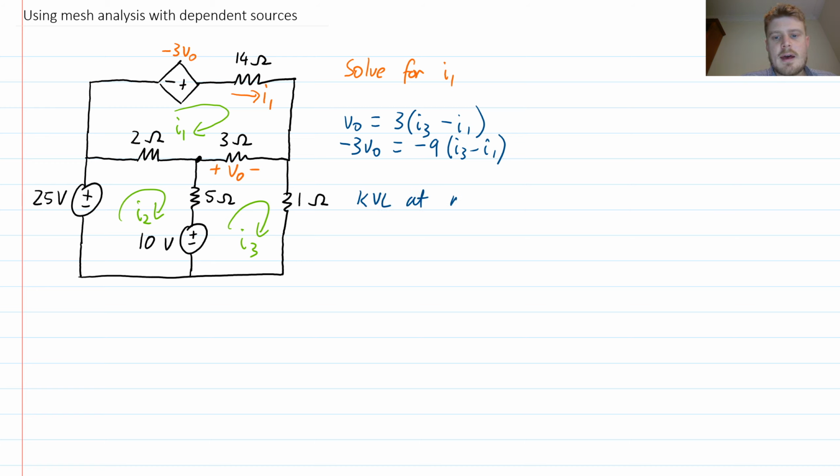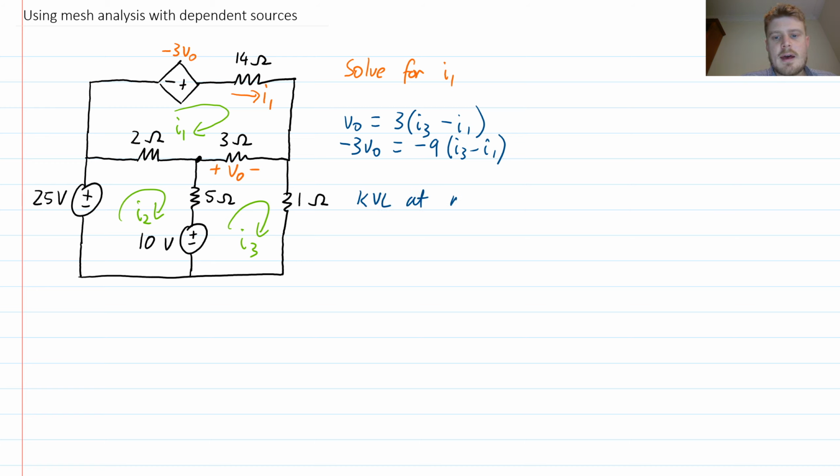The next component I encounter will be the 14 ohm resistor, and there'll be a current I1 through that to generate my voltage. The next component will be the 3 ohm resistor, and that one has a contribution due to I1 and also a contribution due to I3. And then finally the 2 ohm resistor, which has a contribution due to I1 and a contribution due to I2, and all of that is equal to 0.